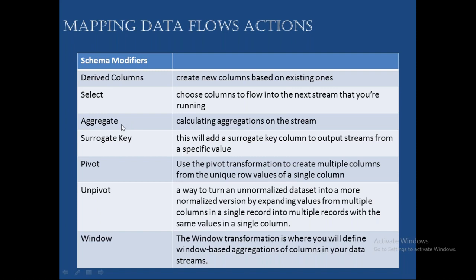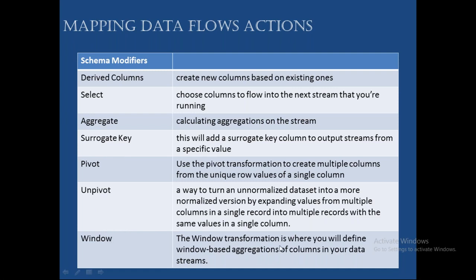Aggregate, basically if you want to apply any aggregation, like group by, sum, max, all those things. Surrogate key is kind of a primary key for your table. If you want to generate any primary key, then you need to go with the surrogate key. Pivot and unpivot: pivot will convert rows into a single column. Unpivot will convert your columns into rows again. Okay, don't worry, we will discuss in detail.